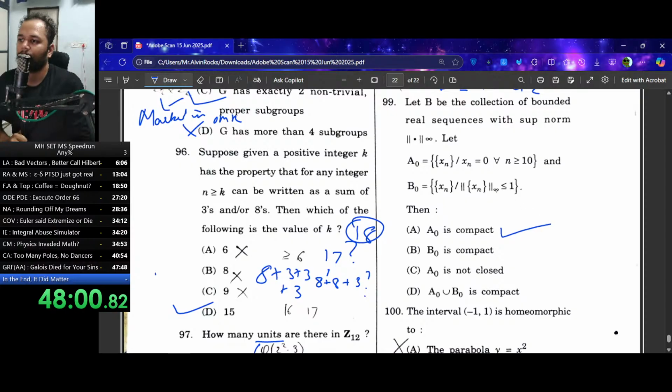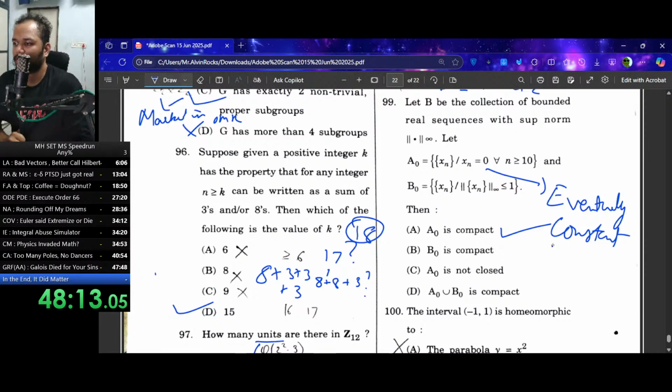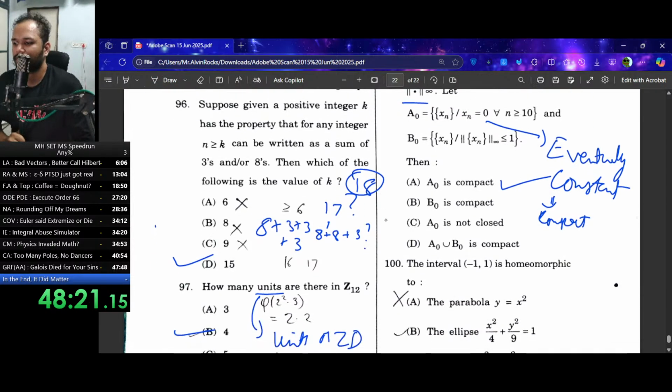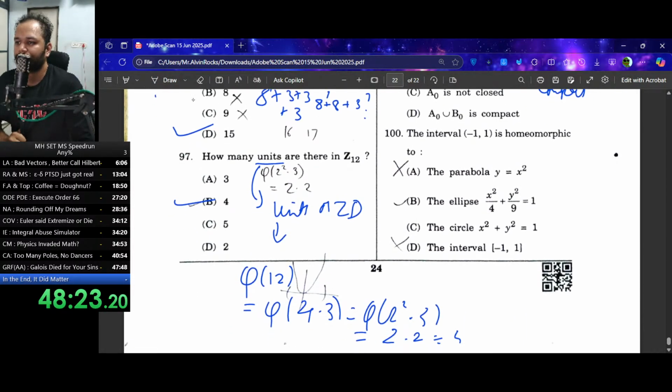We selected option A. Basically it will mean eventually constant, which could imply compact, because the norm is the supremum. Okay, actually this is compact.